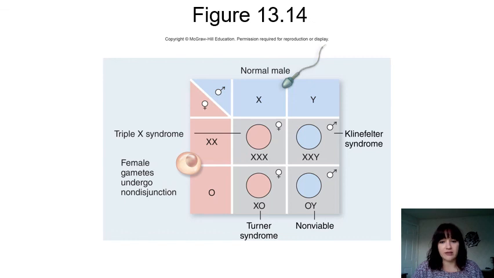We've got 3 X chromosomes. Klinefelter syndrome is when you have 2 X and 1 Y. There's the possibility for Turner syndrome, and then also this last one where you just have the Y chromosome, which is going to be non-viable.